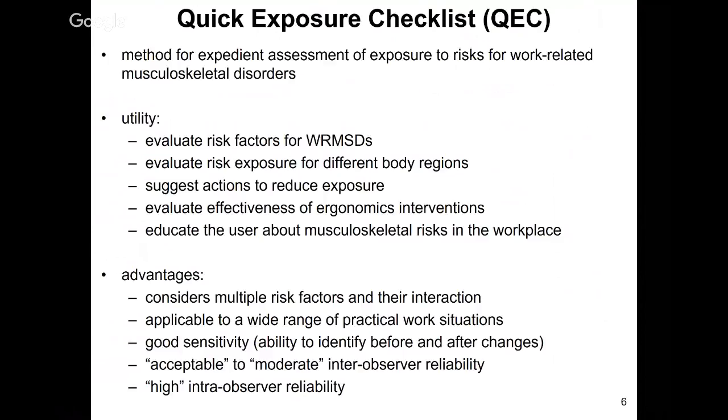With acceptable or moderate, then I would say that they're going to be slightly different most of the time. With high intra-observer reliability, it means that if I use this tool all the time, then my scores aren't going to change that much. What I mean is, for the same task, I would generally produce the same score in my assessment. So that's what those mean.